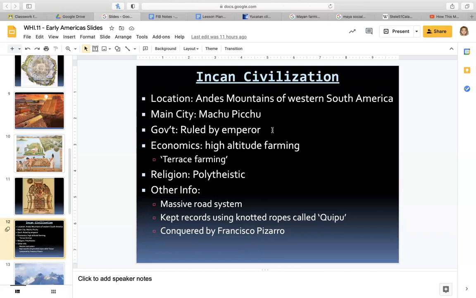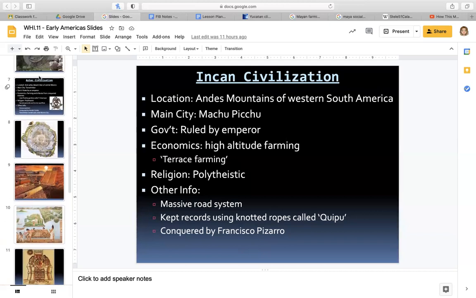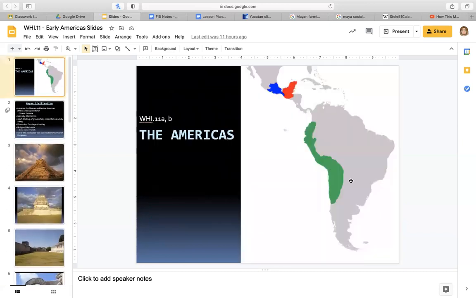So again, we're looking at conquest, we're looking at warfare. And once he subdued neighboring peoples, he enlisted them in his armies. And his son continued the expansion with Cusco as the capital. And the empire stretched more than 2,500 miles along the Andes, from Ecuador in the north to Chile in the south.